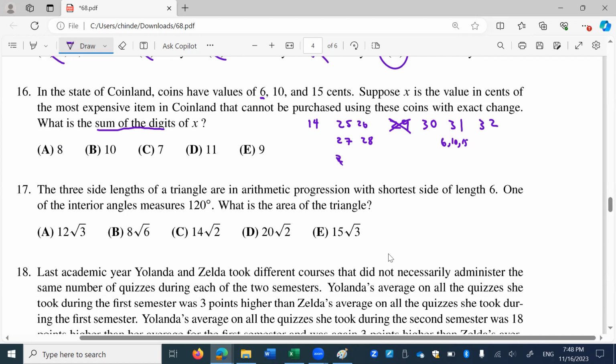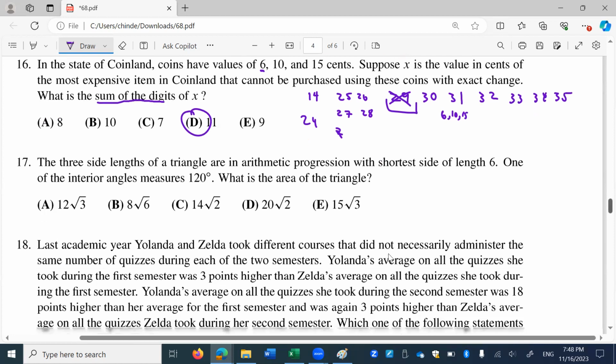And then 29 can't be made. And 24 is okay. So we're going to have 6 in a row from 30 through 35. And therefore we can just add 6-cent coins from any of these. So 29 is the biggest number. 2 plus 9 is 11. All right. Little bit of a sloppy problem.